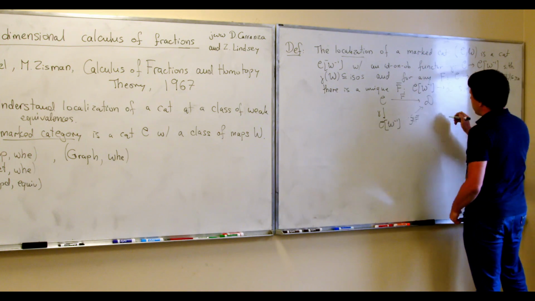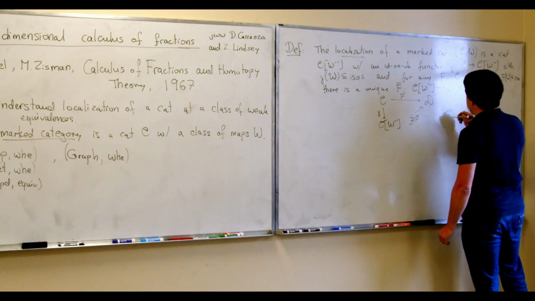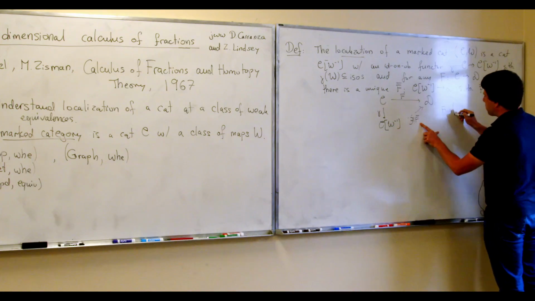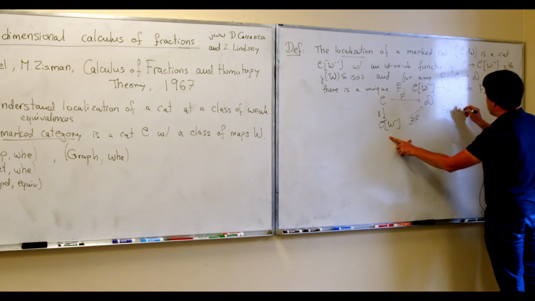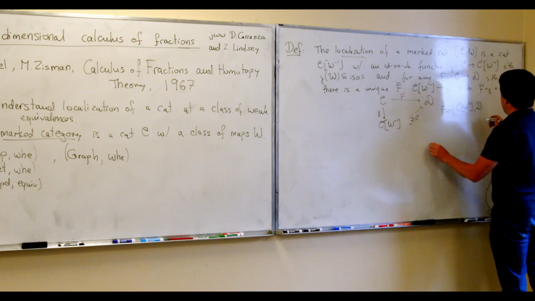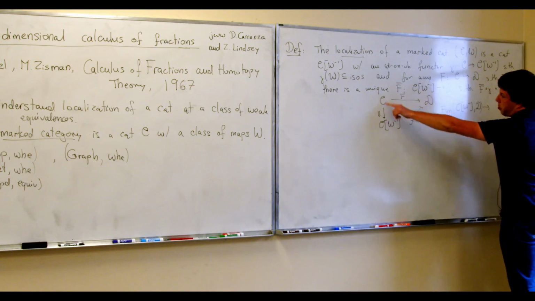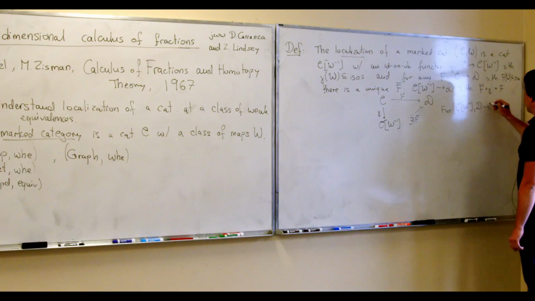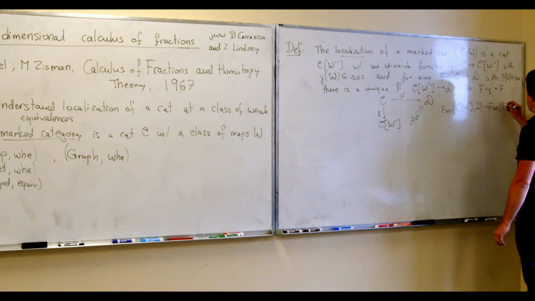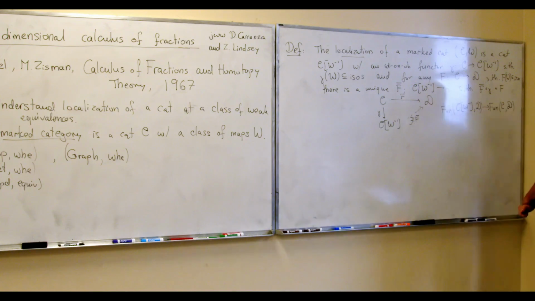And one way of saying what it does is, whenever I have a functor from C W inverse to D, by precomposing with this thing, I can get a functor from C to D. And these are not any functors.